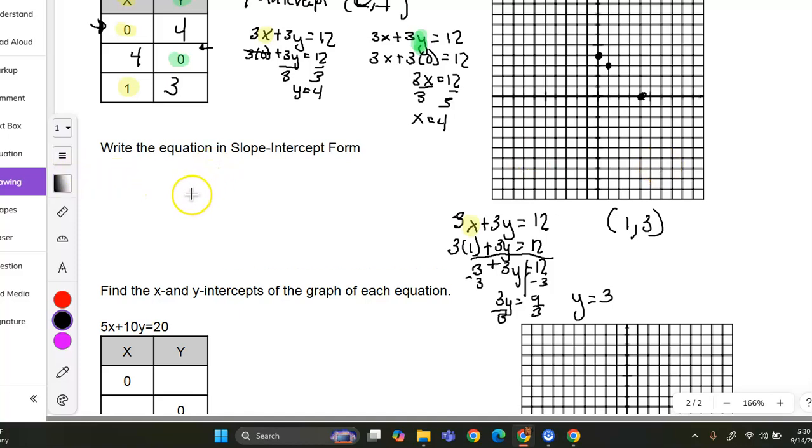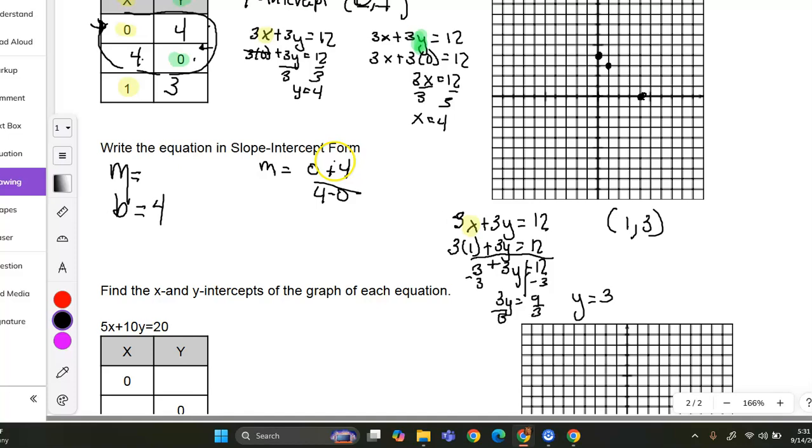Okay, now it says write the equation in slope-intercept form. Okay, well, I know that m, oh, we don't know what m equals. We have to figure out what m is. I do know what my y-intercept is. So when x is 0, y is 4. So I need to find my slope. So I'm going to use my x and y-intercept. So I'm going to do m equals 0 minus 4 over 4 minus 0.